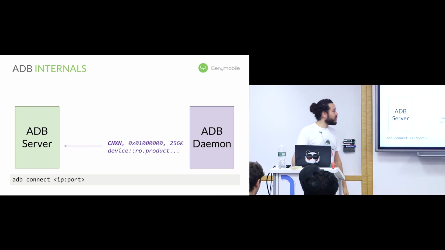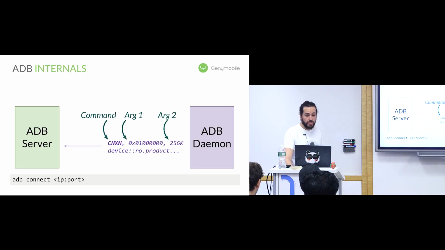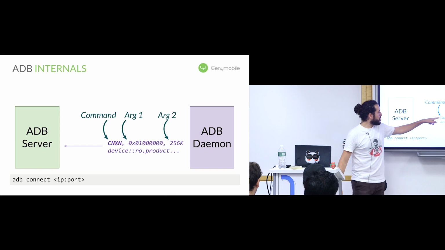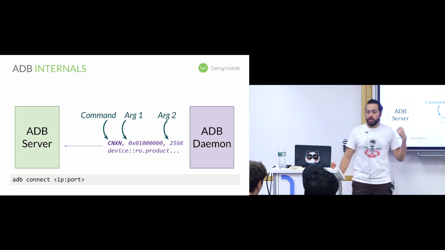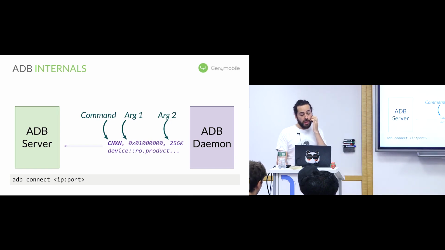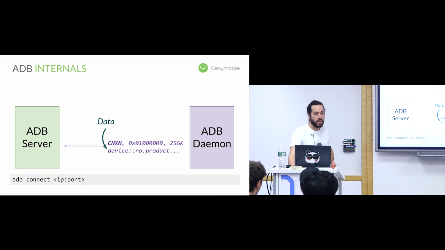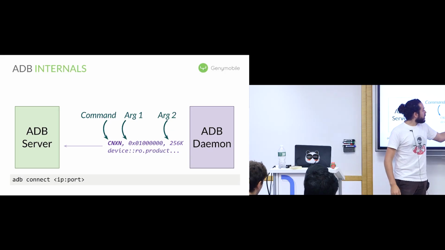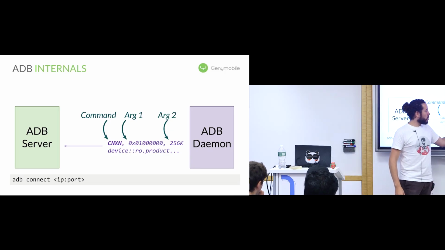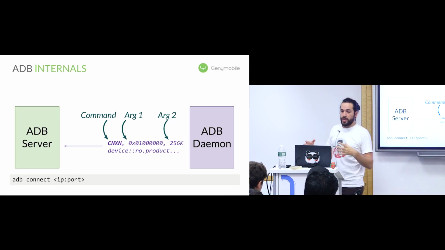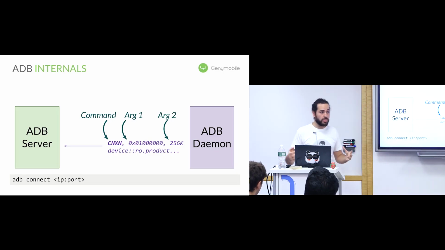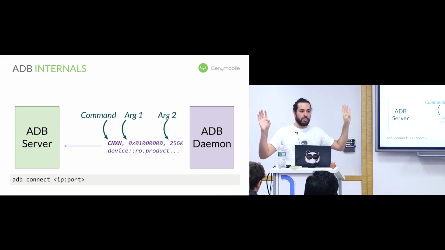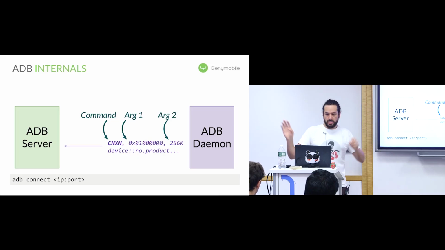The ADB daemon will then answer with the same message at the beginning, so the command, arg0 and arg1 with the same signification, but with additional information. Just one thing to precise: arg1 here designates the real maximum packet size the ADB daemon can handle. So on each side they say, okay, my maximum size is this one.